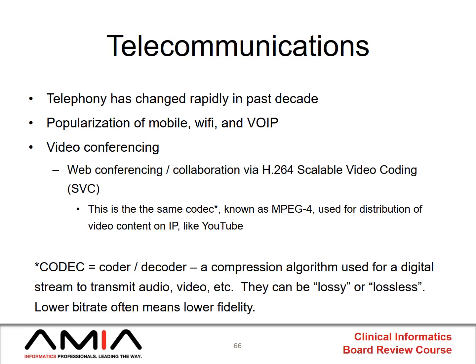Photographs, for example. One of the more common codecs used for video transmission is H.264 Scalable Video Coding, or SVC. It's also known as MPEG-4, and this is how you distribute content on the internet, like YouTube videos, often done in MPEG H.264.